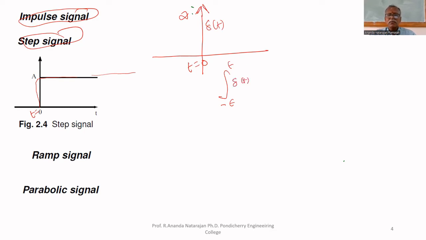Del of t is the impulse signal. If we integrate it, its value will be unity, 1. Unity means 1, or we can say A.